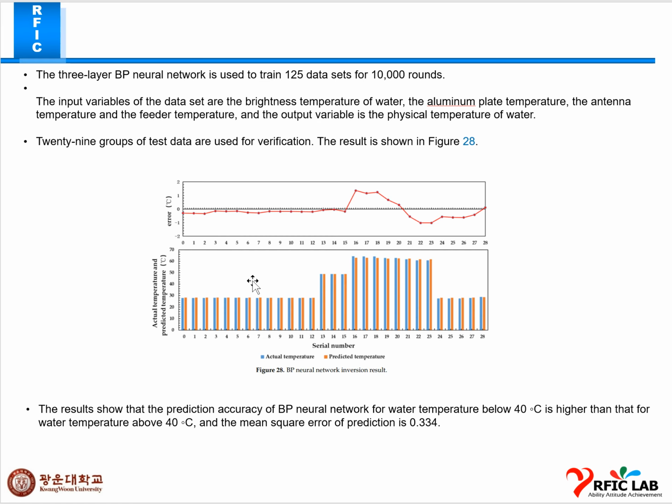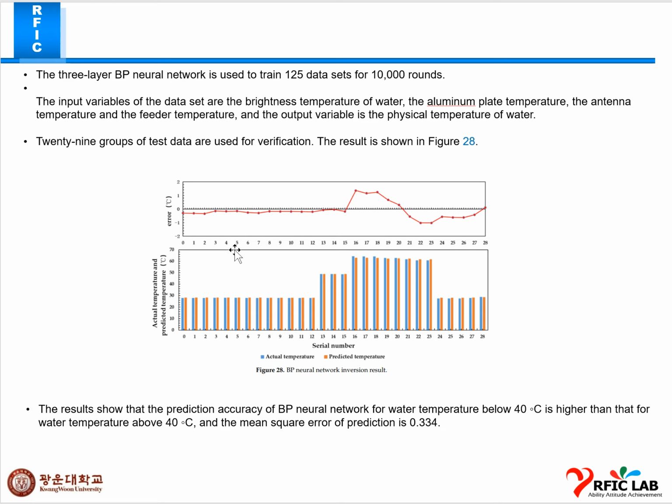As an example, a 3-layer BP neural network is used to train a 125 data set, which takes 10,000 rounds. The input variables are brightness temperature, aluminum plate temperature, antenna, and feeder, layer by layer, and the output is the physical temperature of the water. 29 groups of test data were used for verification.